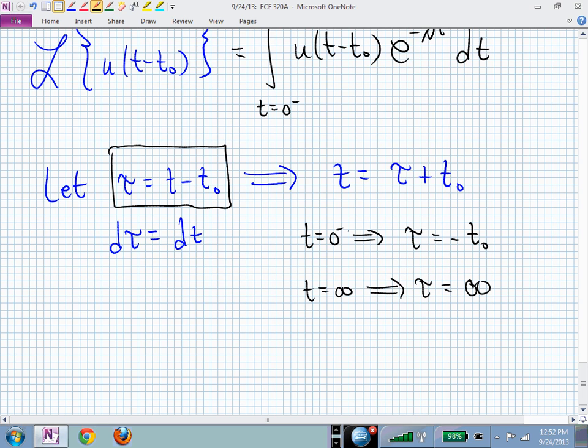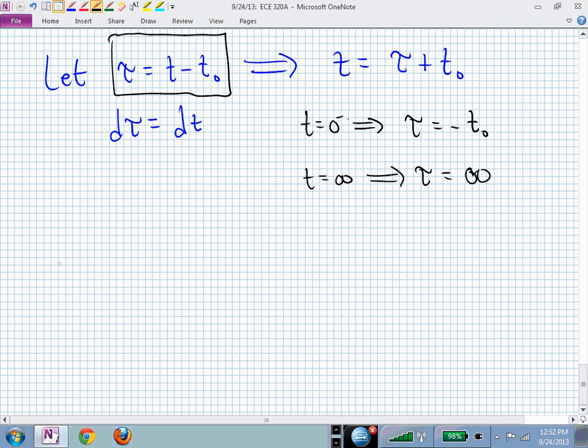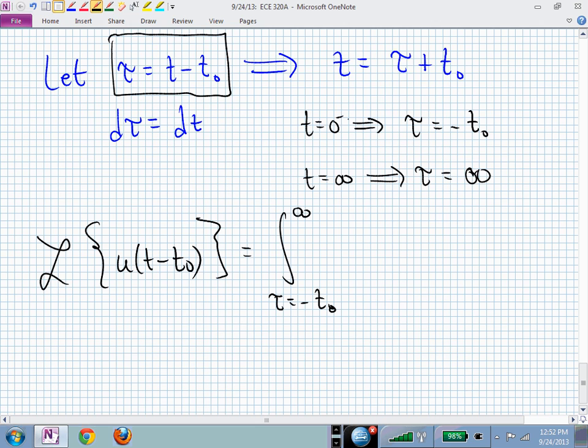I now know what I can replace dt with, and I know what I can replace t with anywhere in that integral. So now this Laplace transform of the delayed unit step is an integral from tau equal to minus t0 up to tau equal infinity, of u of tau, that was the whole point of defining this new variable tau, times e to the minus s, and t now I rewrite in terms of tau plus t sub 0, d tau.